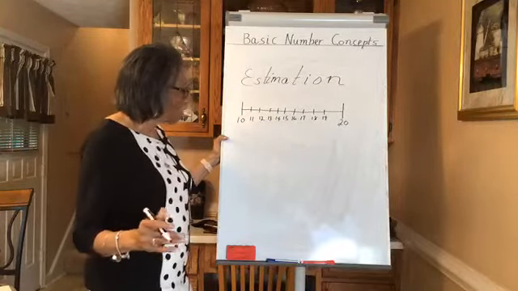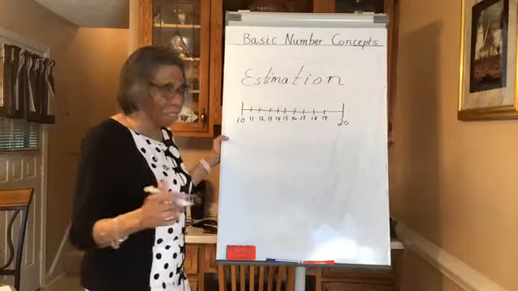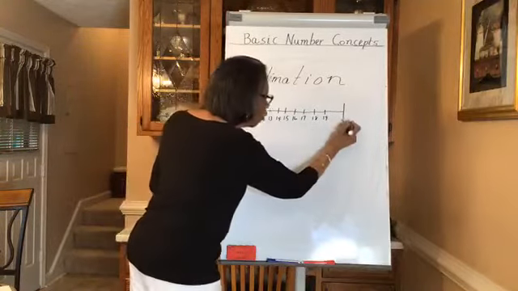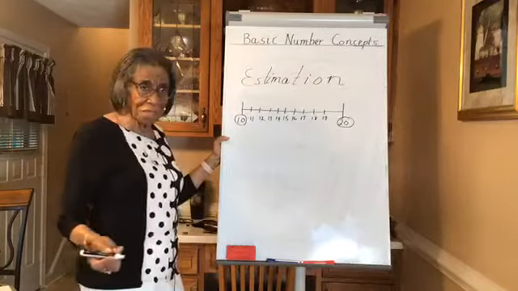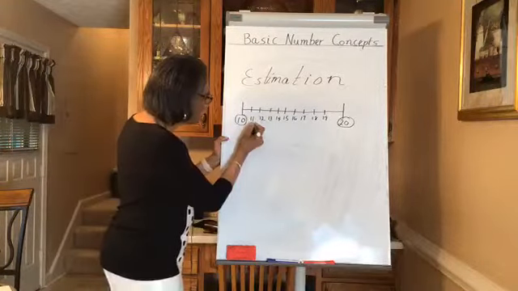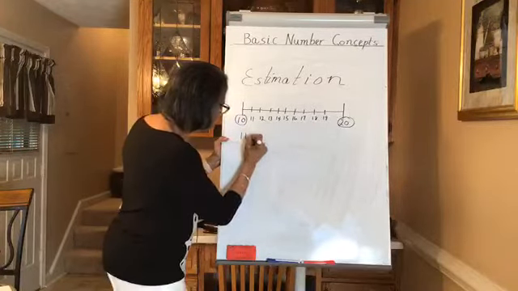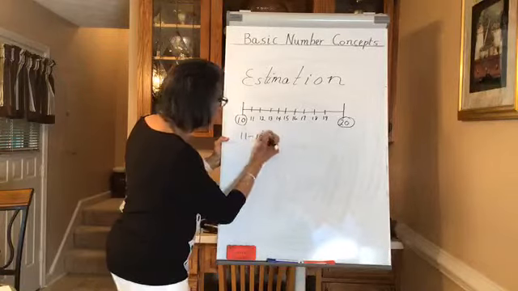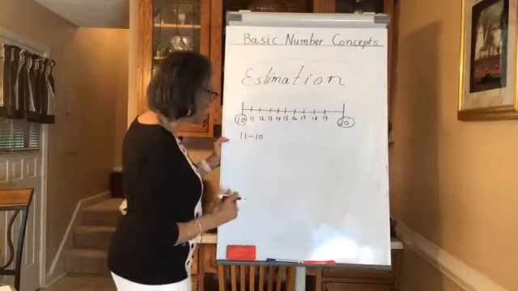All right, so when we say we're rounding off, all we're saying is which one it is closest to. Is it closer to 10 or is it closer to 20? And of course, you can look at that and see 11 is definitely closer to 10. So 11 is approximately 10. 12 is closer to 10 than it is to 20.